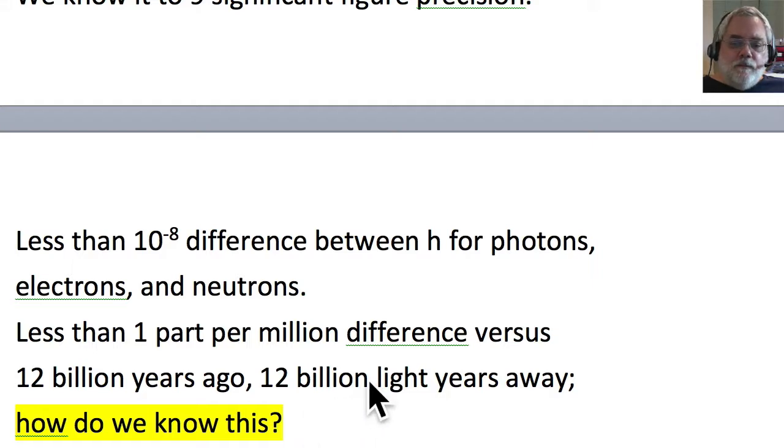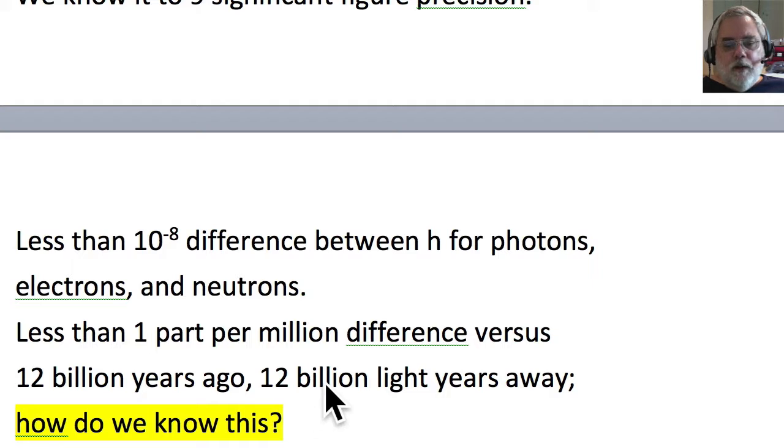Well, the light from galaxies from 12 billion years ago also has absorption lines. And although they're shifted because the universe is expanding, which is not quantum mechanics, that's general relativity and astronomy and cosmology, the shifting does not change the pattern, and we can match up the pattern.